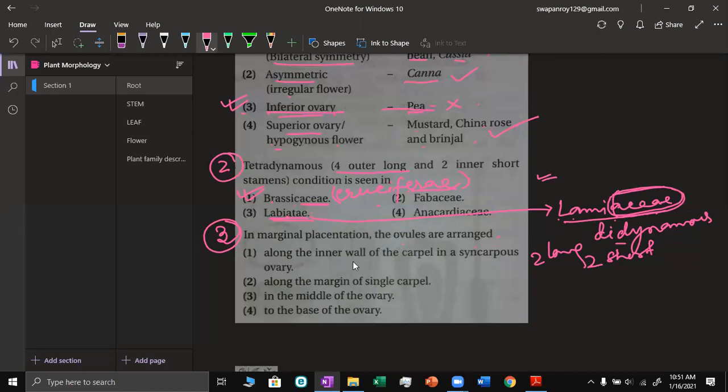Ovules are arranged along the inner wall of the carpel in a syncarpous ovary, but pea is monocarpellary, so there is no question of syncarpous conditions. Along the margin of a single carpel, yes, this is marginal. In the middle of the ovary, no. On the base of the ovary, no. So this is the answer.